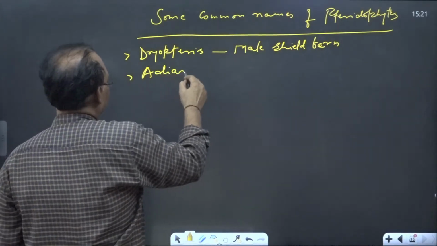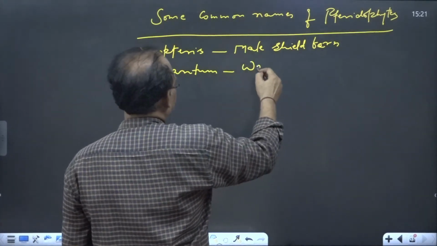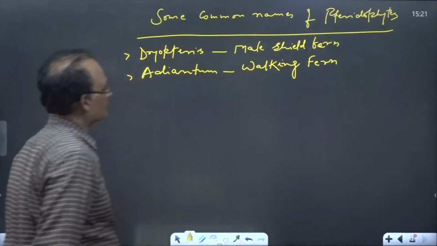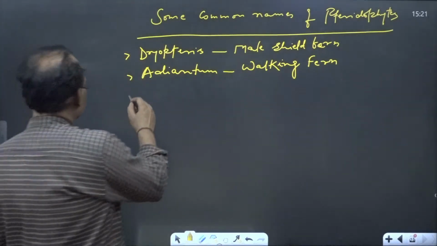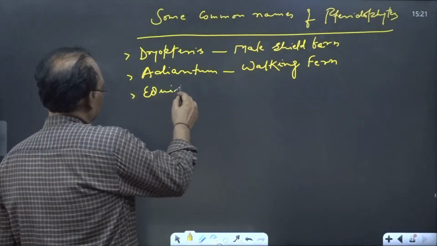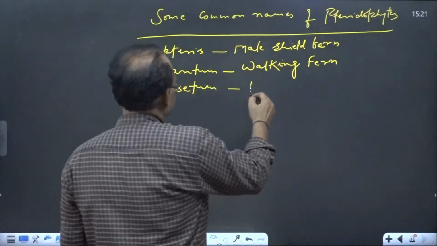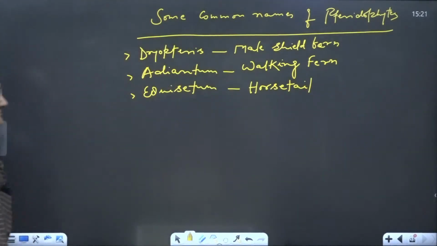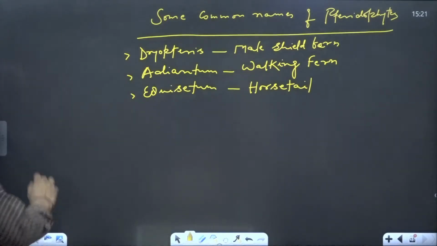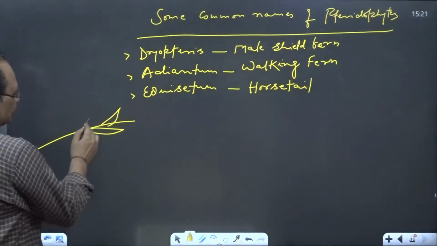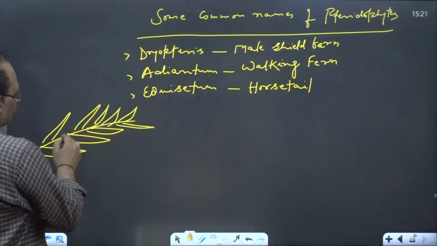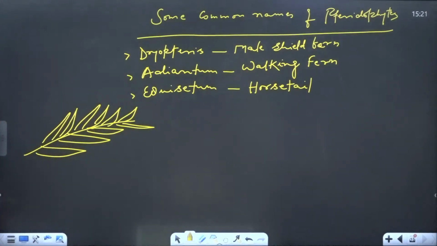Adiantum is called walking fern. Equisetum is called horsetail. It looks like a horsetail, like this type of structure. This is Equisetum.